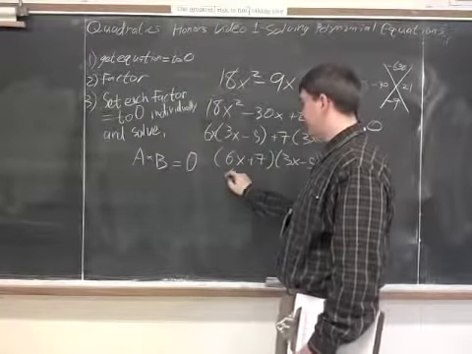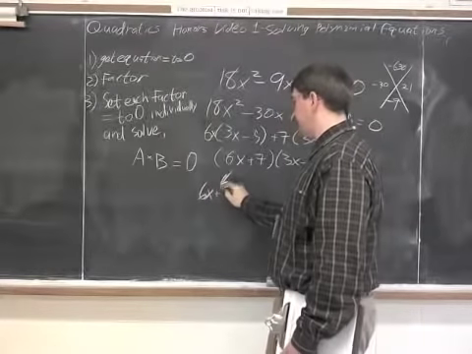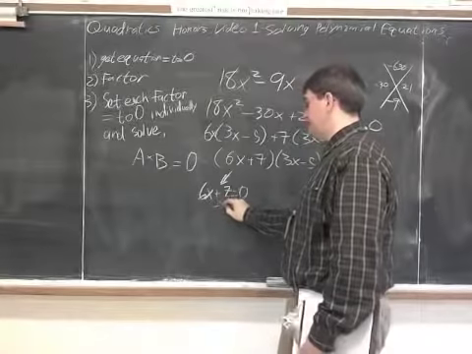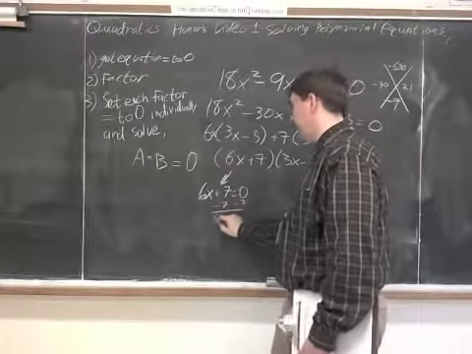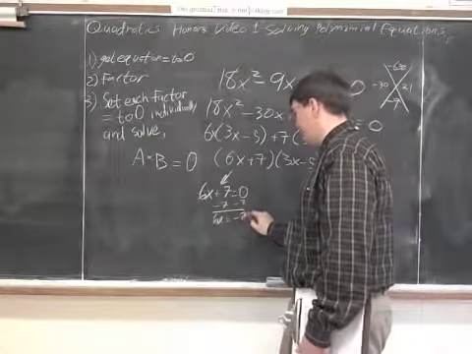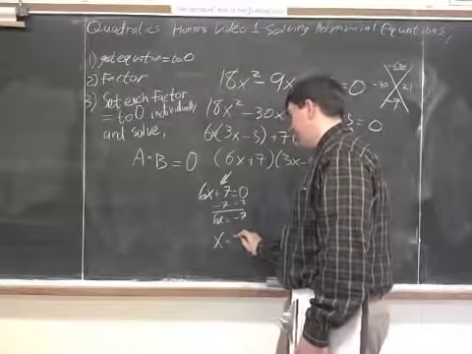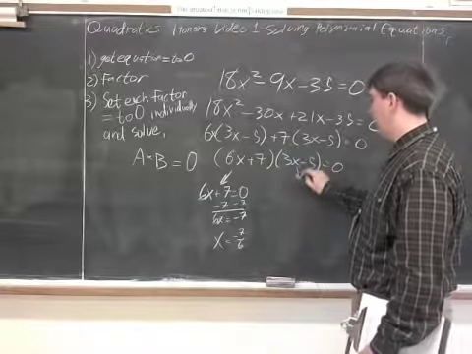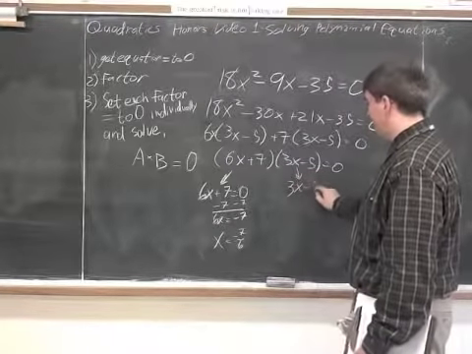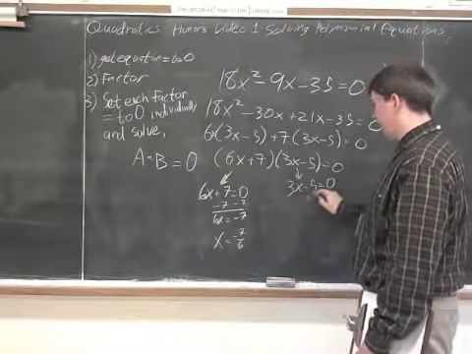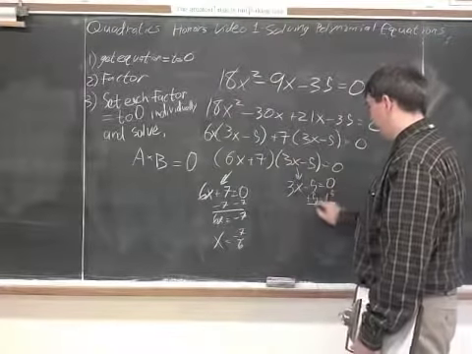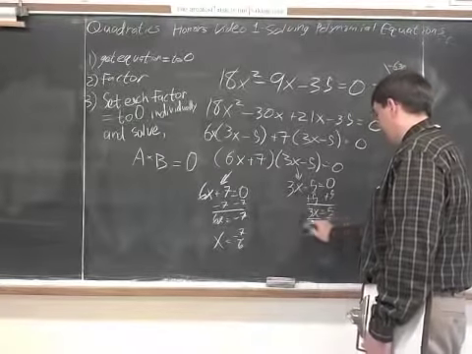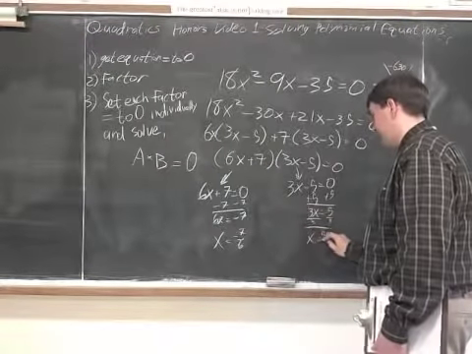So either 6x plus 7 equals 0, which means we can subtract 7 and get 6x equals negative 7, which means x equals negative 7/6, or 3x minus 5 equals 0. Adding 5 gives me 3x equals 5. Divided by 3, we get that x equals 5/3.